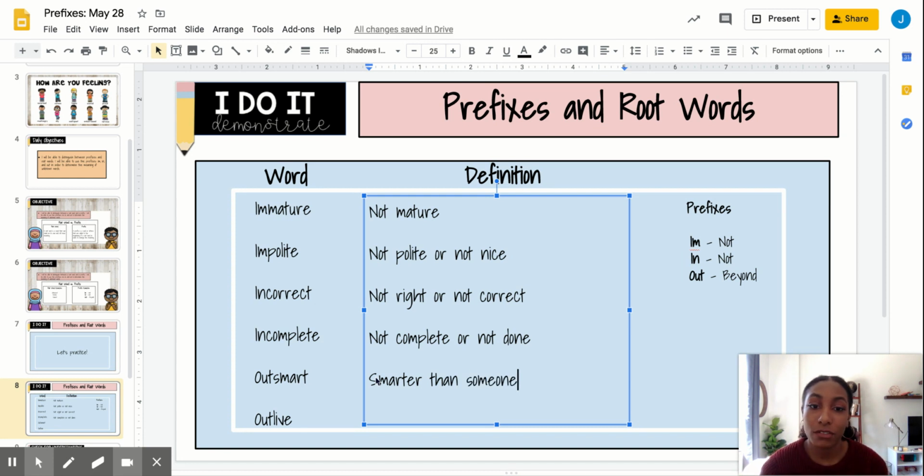I know we didn't use the word beyond in it, but it's kind of tricky to say beyond in that. But we do know that you're smarter beyond another person. Let's go over outlive. We know that outlive means you live beyond someone. Whenever someone says that you outlive them, that means that you live past them or beyond them.